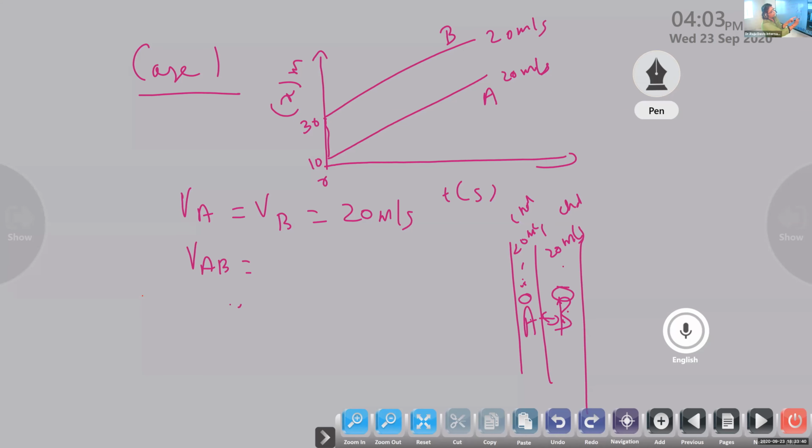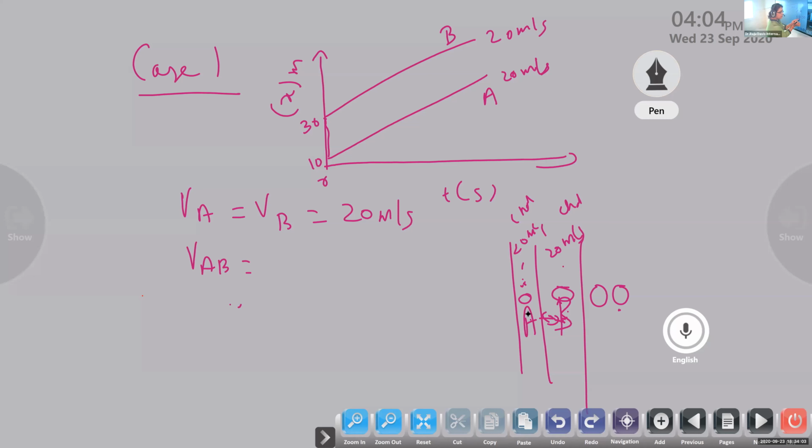When you are sitting on bus B, A is coming closer on the same track, moving with the same velocity. Clear? There is no change in velocity; both move with the same velocity. So for you, you are looking at bus A. What is the velocity of bus A when you look at it from B?